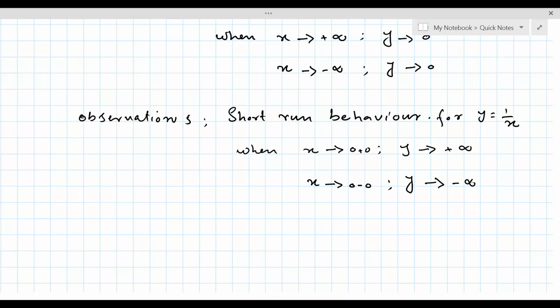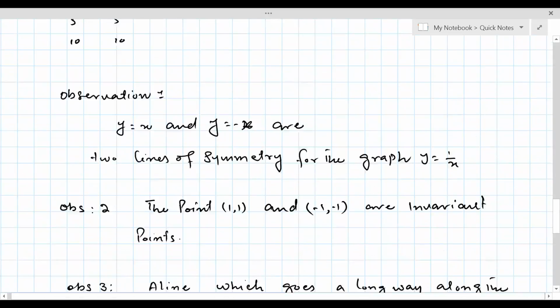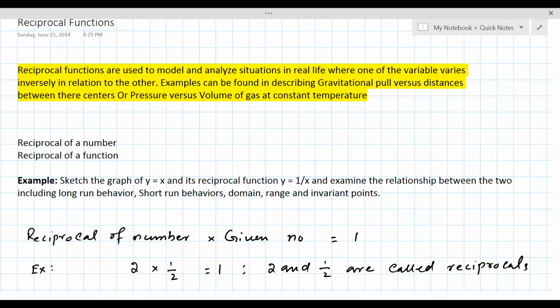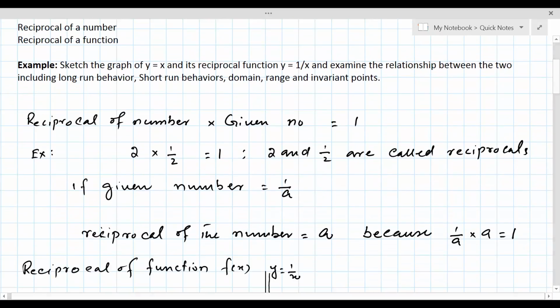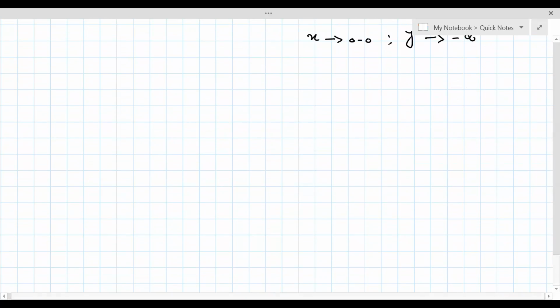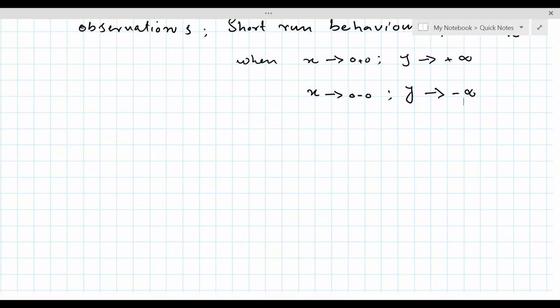And there is nothing more. Let's take a look if there was any other requirement. So we needed to describe long-run behavior, short-run behavior, domain, and range. For the reciprocal function, the domain is everything, but x equal to 0 is not included because it is not defined. So the domain for y is equal to x is the entire set of real numbers.